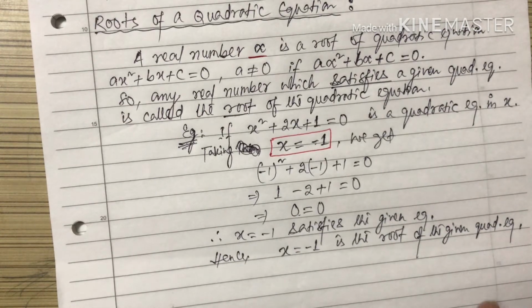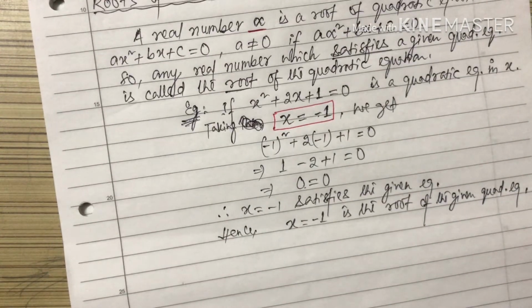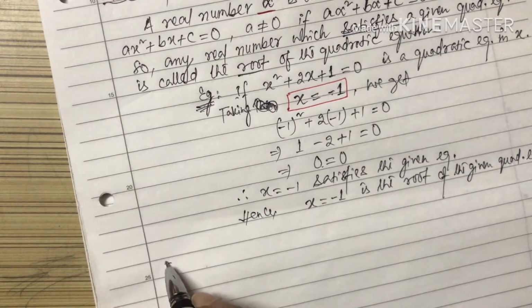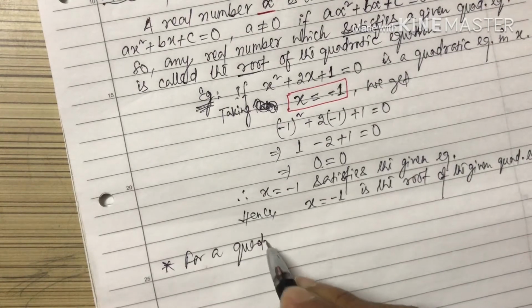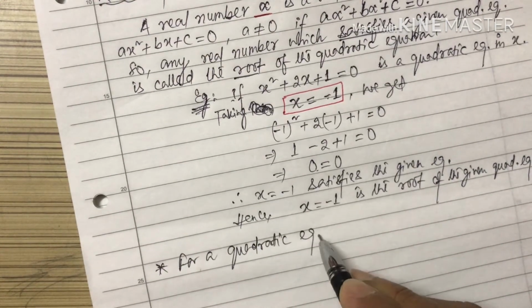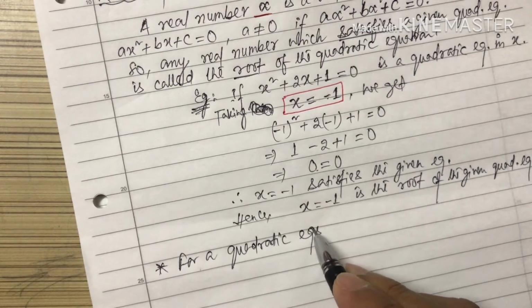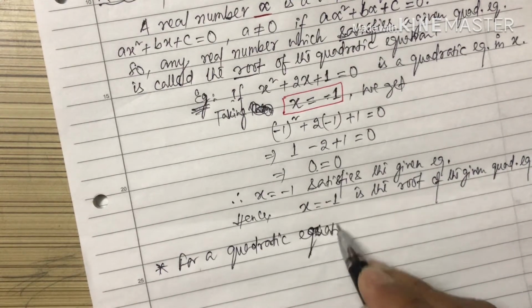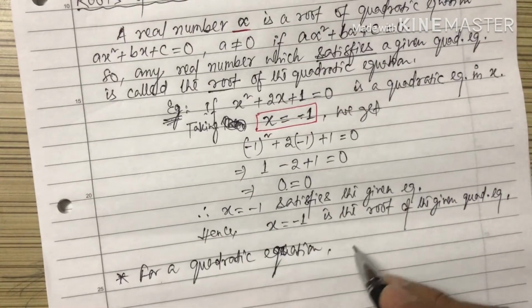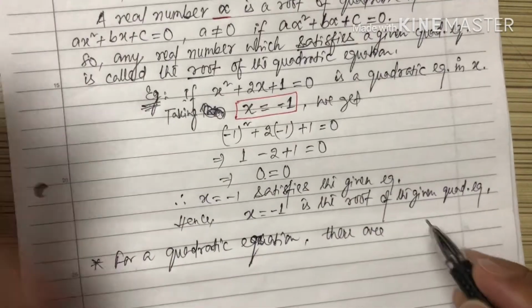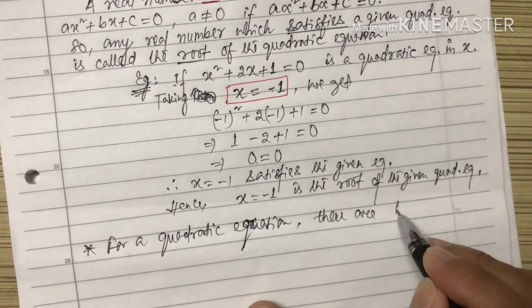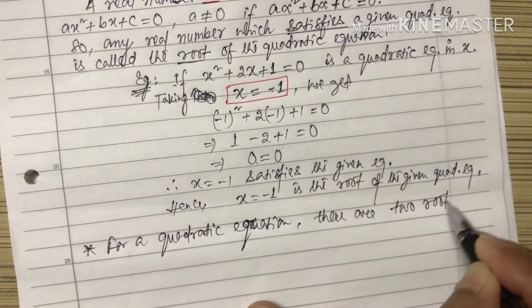Okay, fine. Now comes the next one, and one more thing one must remember. For a quadratic equation, there are two roots.